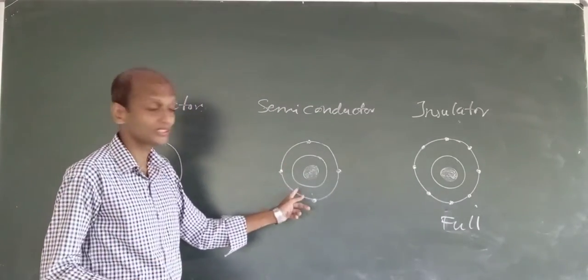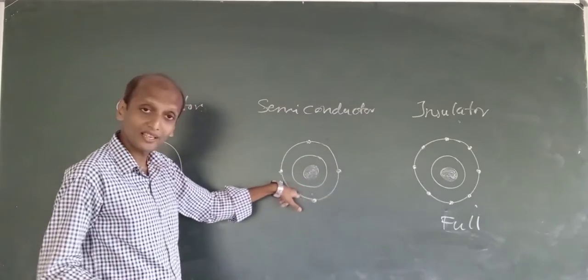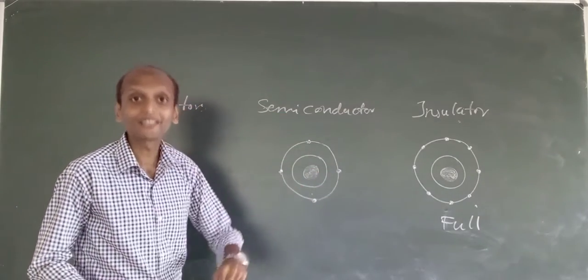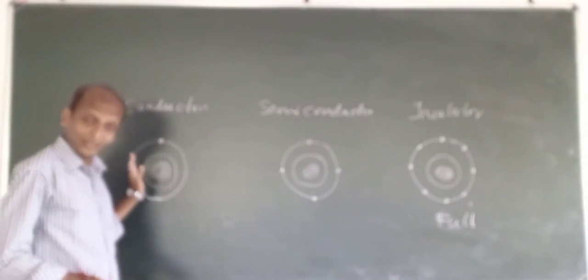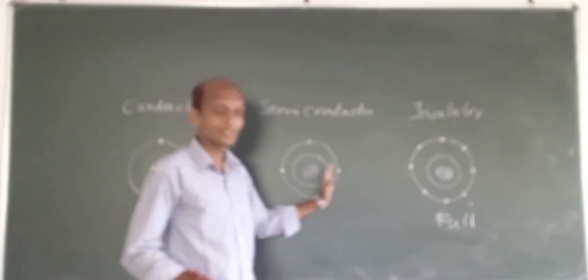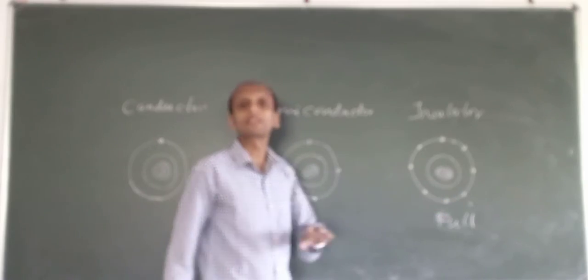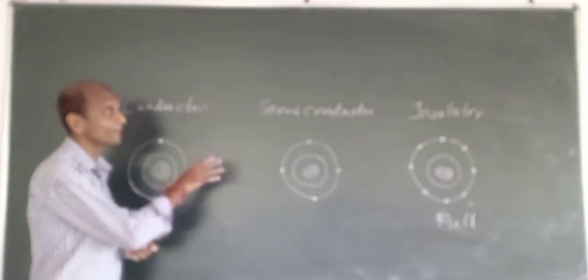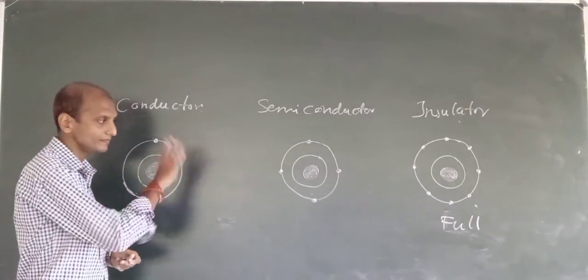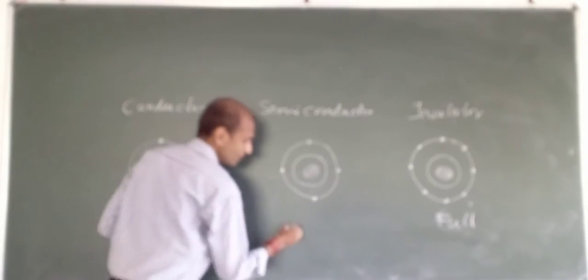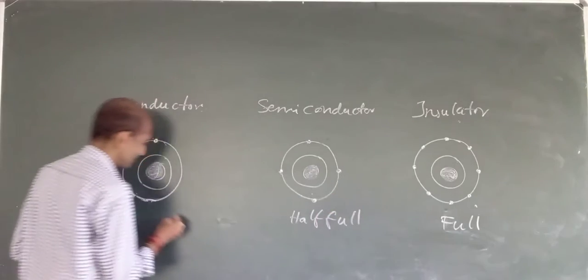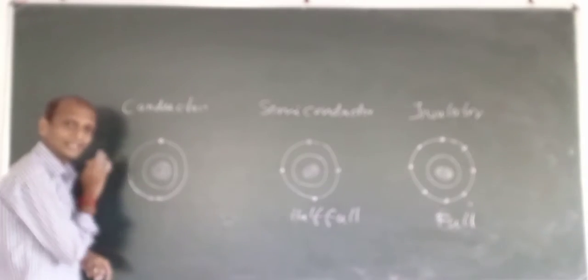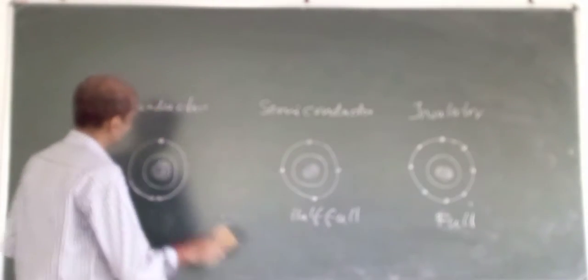Looking at the atomic structure, one can say which category a material comes under, whether it is a conductor, a semiconductor, or an insulator. So likewise we can say about all of them. This one is full, this one is half full, this one is less filled.